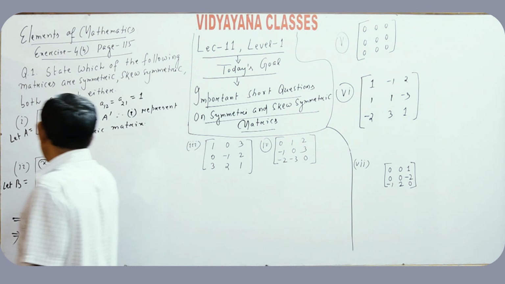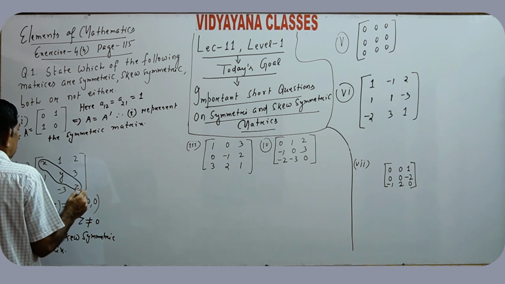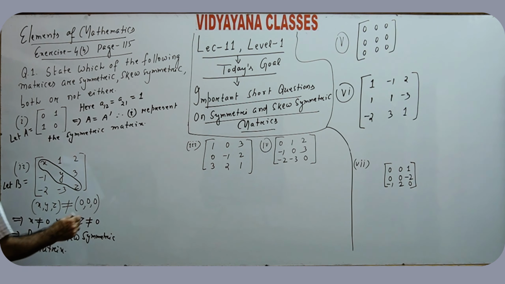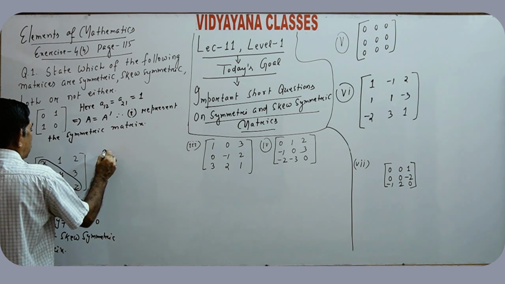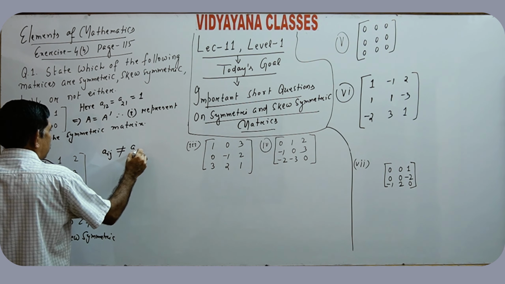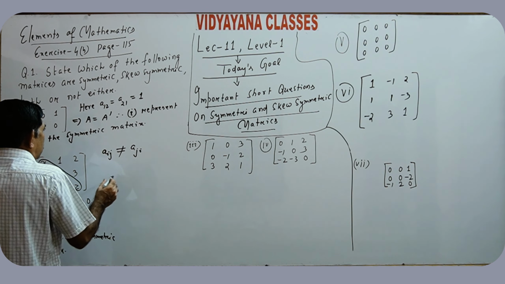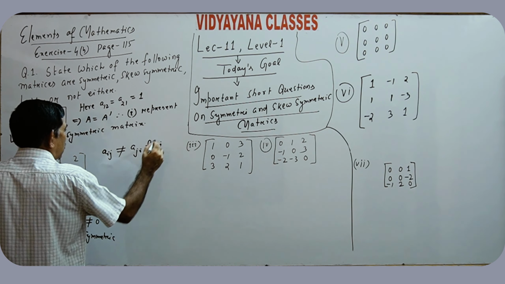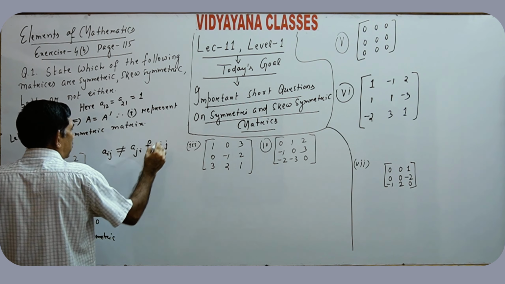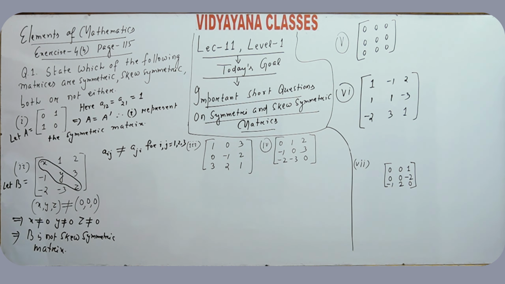Since x not equal to 0, y not equal to 0, z not equal to 0, B is not skew symmetric. Again, Aij is not equal to Aji for i varies from 1 to 3, j varies from 1 to 3.